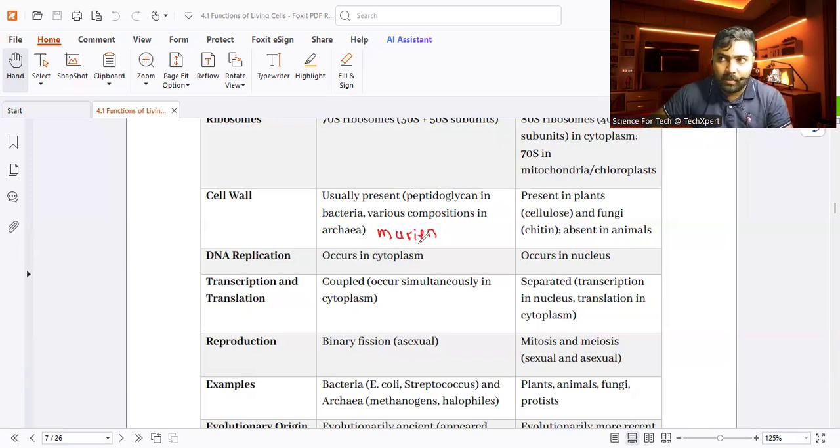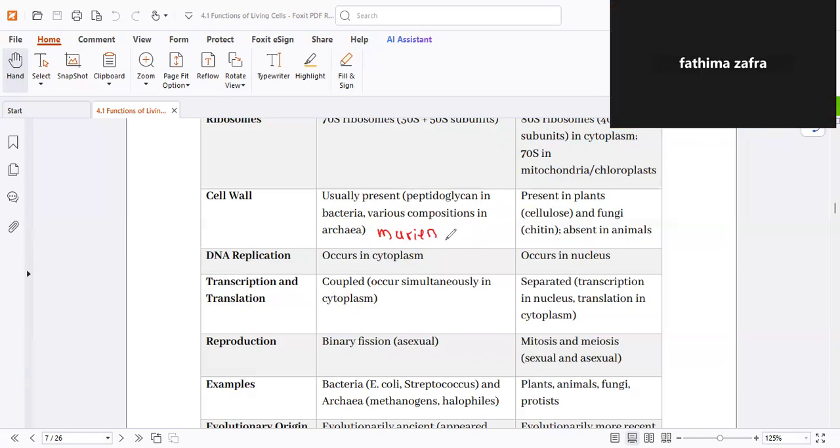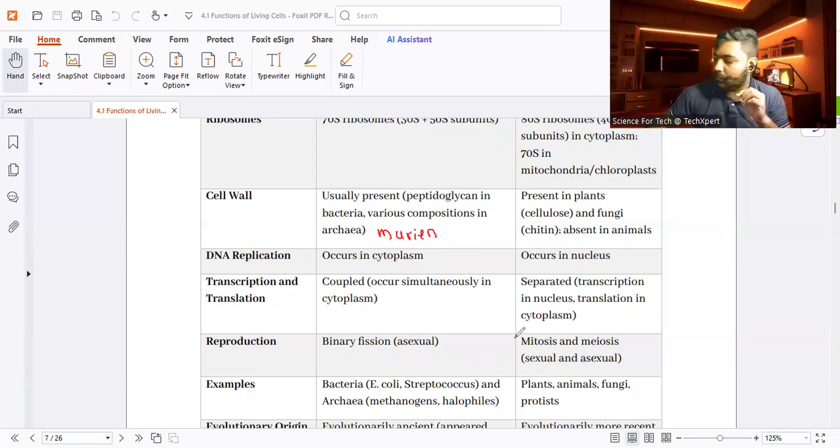I think last week I gave this word, murein. Did I give this word? No, sir. Oh, okay, then I want to check the spelling. I think I gave the word.